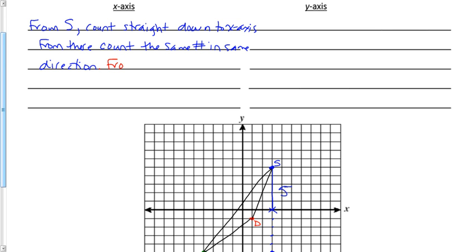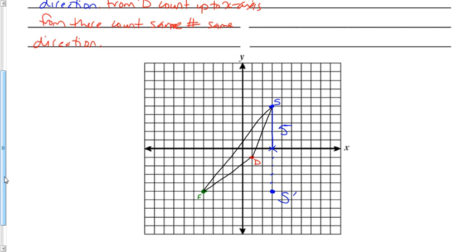So from D, count up to the x-axis, and then from there count the same number in the same direction. From D, I count to the x-axis, and that's just 1. And then from the x-axis, I count up 1 again. Here's my new D prime.